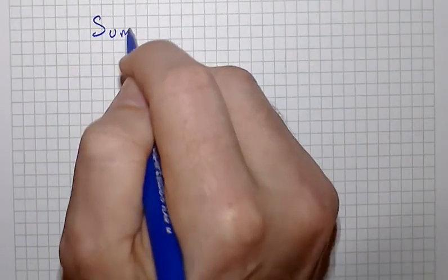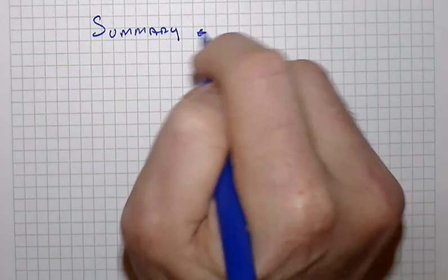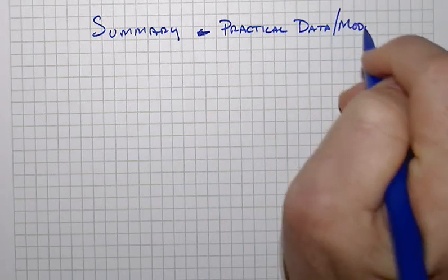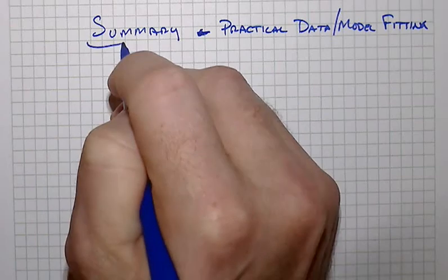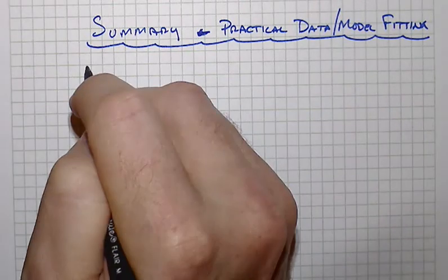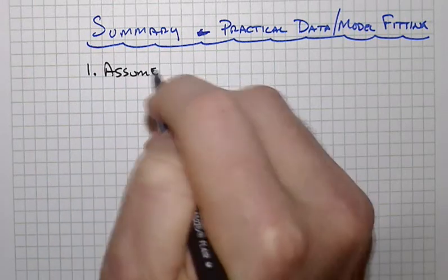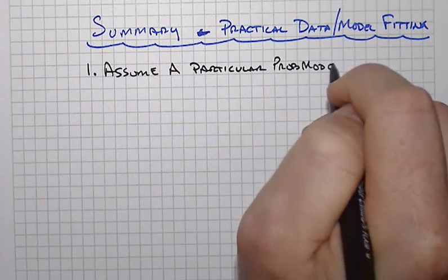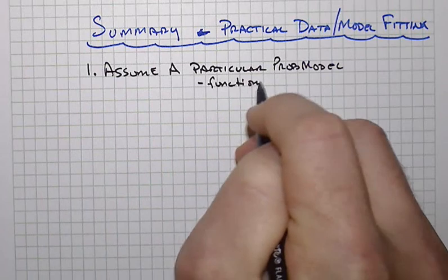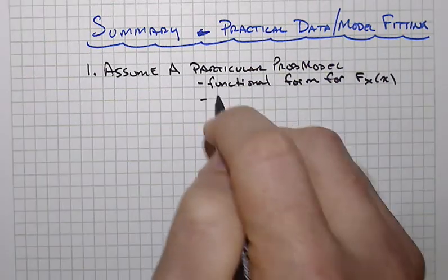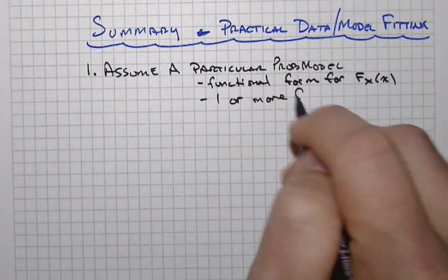So, for now, one big gigantic summary, sort of a practical summary of data and model fitting, and this will get carried on later, is that one approach is to assume a particular probability model, and that'll give you a functional form for your CDF, and that'll leave you one or more free parameters.